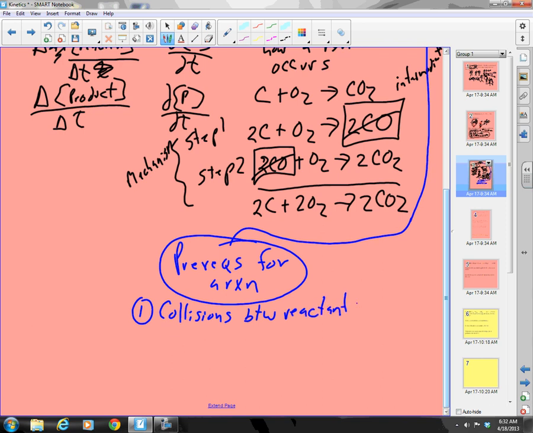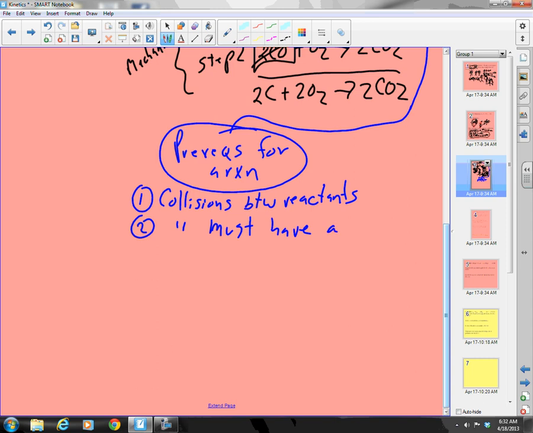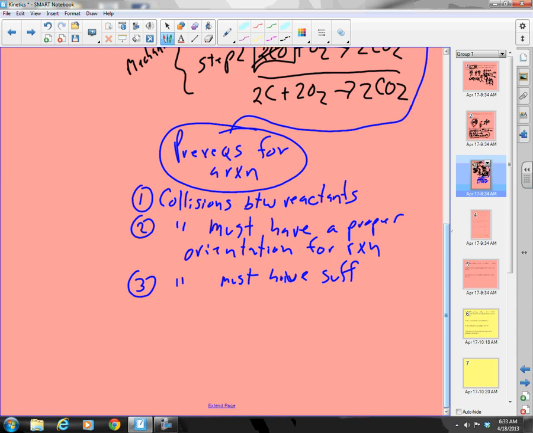Number two, these collisions must have a proper orientation, whatever that is, a proper orientation for the reaction. And third, the collisions must have sufficient energy for the reaction. Okay, great.